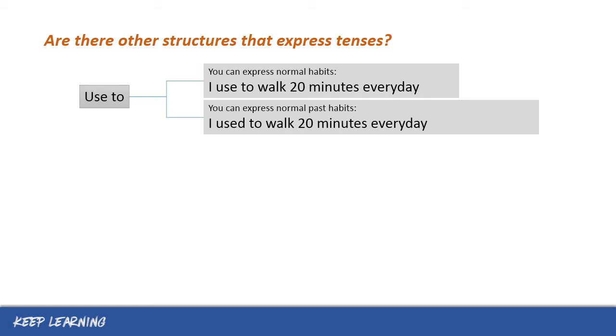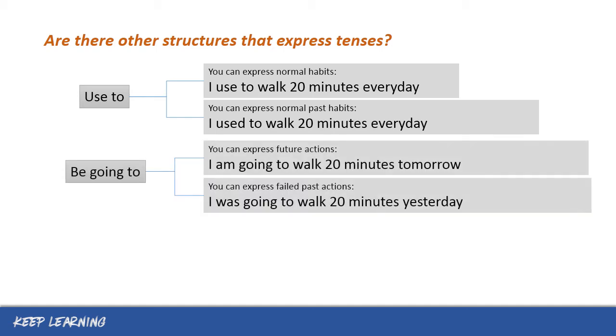Used to is the verb soler in Spanish, which a good way to translate in Spanish this sentence is yo suelo caminar. Of course you can use it in the past. I used to walk 20 minutes every day. Yo solía caminar. So that's a good structure you can use there.